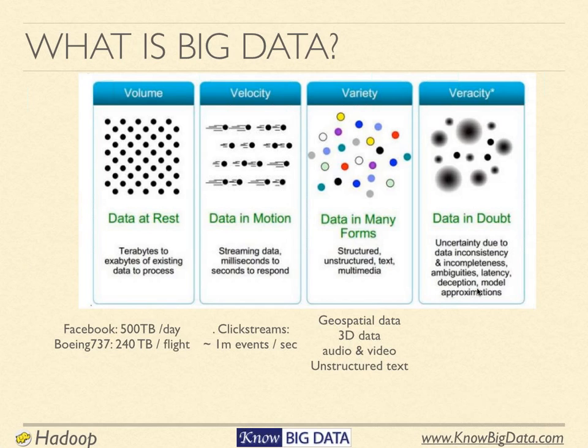Veracity is when you do not know whether to keep a piece of data or to discard it. Because of this confusion, this doubtfulness, you end up accumulating lots and lots of data.